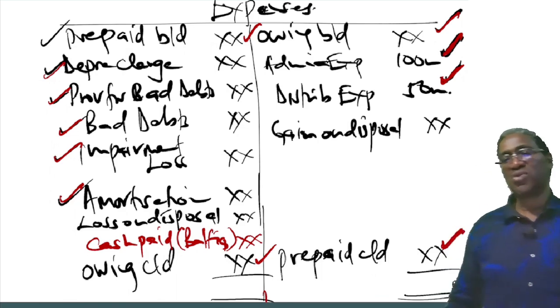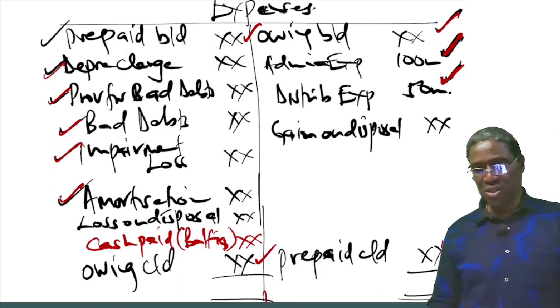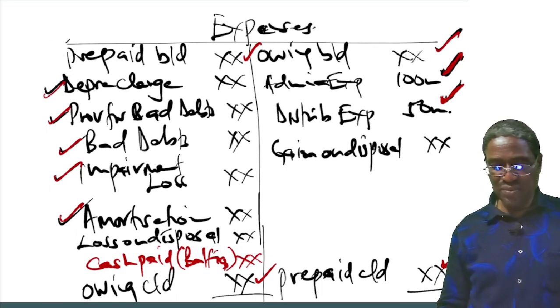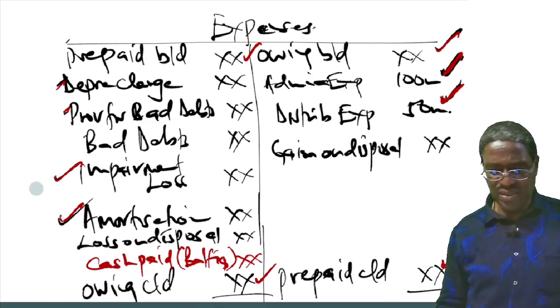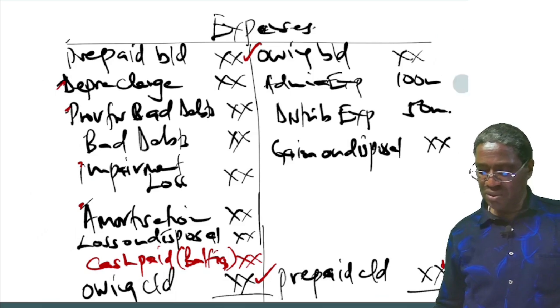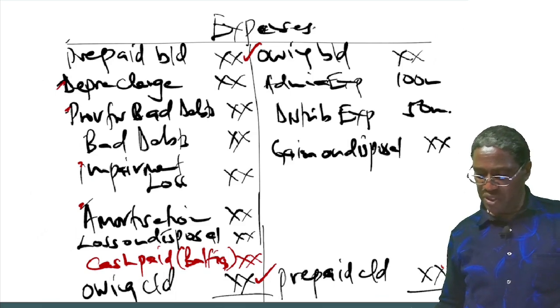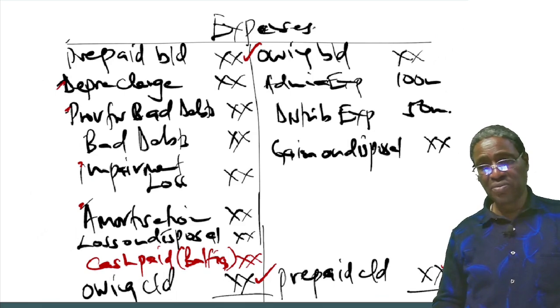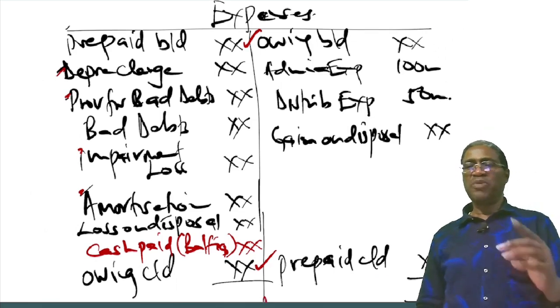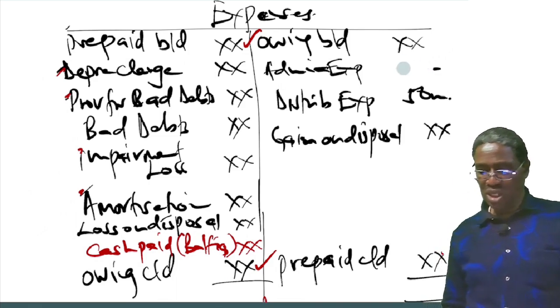Good. Let's put down that summary note now. Write down somewhere: to determine the cash paid for services rendered, we prepare an expense account as follows.